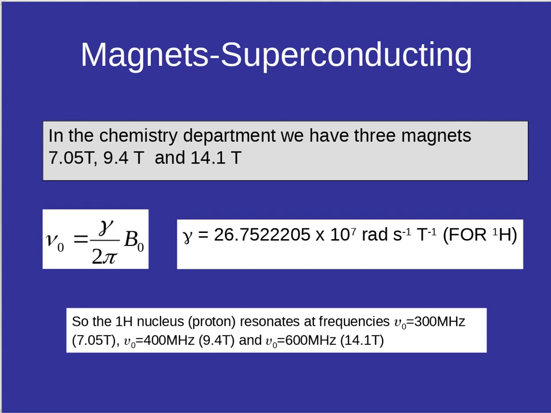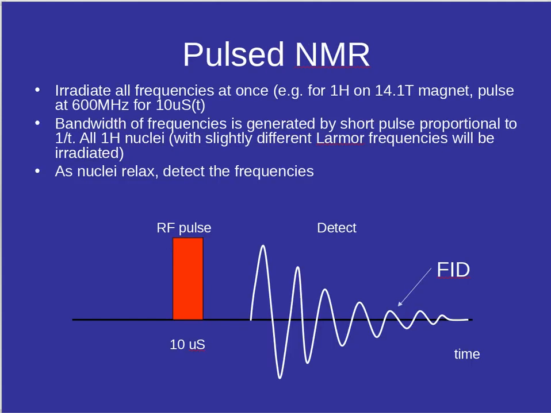Right. So how modern NMR works is that you provide a huge pulse of energy, and that pulse of energy is absorbed by all nuclei. It's a very short pulse, about 10 microseconds at a very high power level, and if you pulse it for that short amount, all nuclei will receive energy.